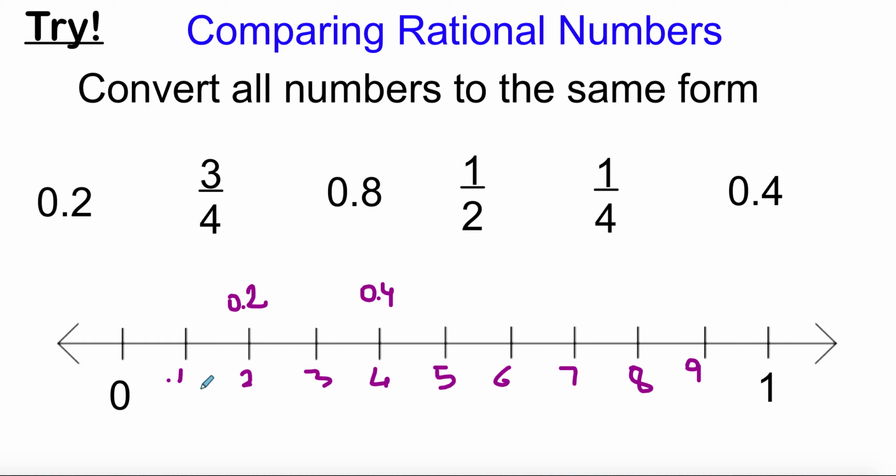So these are all decimals, right? Okay, perfect. Now, 0.5 is here. As you see, we're turning them into decimals.